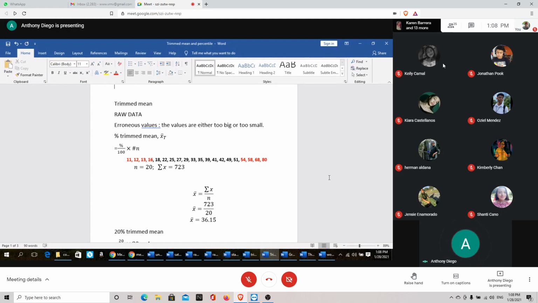So trimmed meaning then that you will notice here that we will be cutting off some values from a set of observations. First, we're going to be looking at raw data, and then from there, we're going to be looking also at group data. What is the purpose of a trim mean?